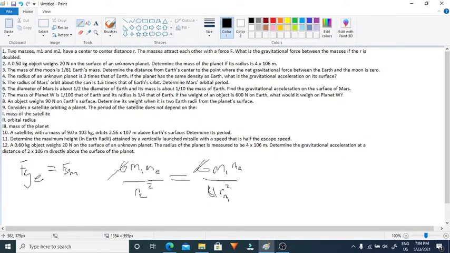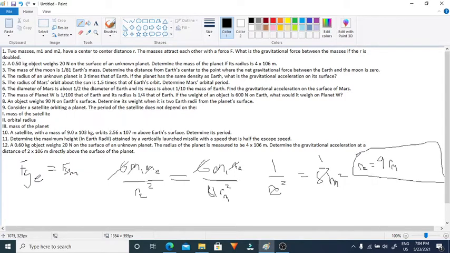We can cancel out these G's, we can cancel out these M1s, and we can cancel out the MEs, and we'll just get 1 over RE squared equals 1 over 81 rm squared, which is going to turn out to be RE is going to equal 9 times rm.